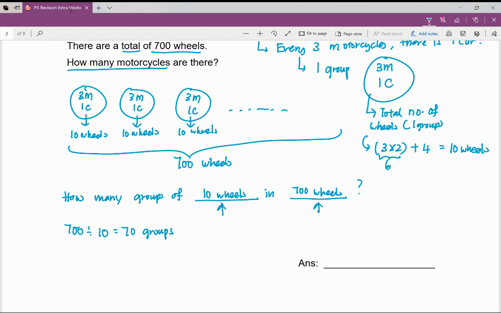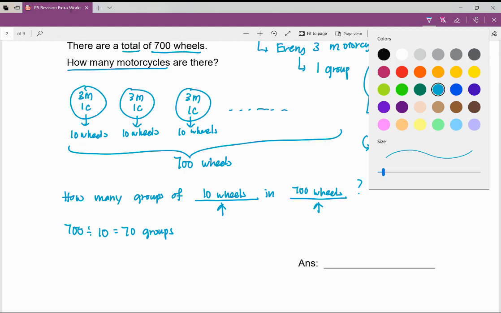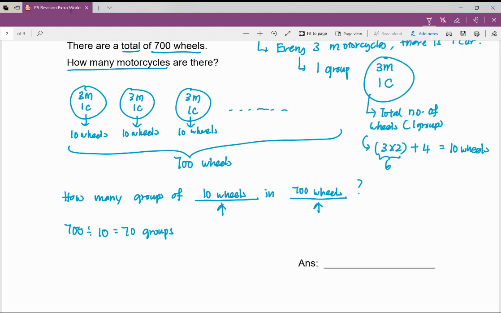So we come back to the idea. Let's go back to our one group. Our one group is here. Can you see? This is our one group. Inside one group, there are 3 motorcycles and 1 car. I am interested in the motorcycle. So one group, there are 3 motorcycles.